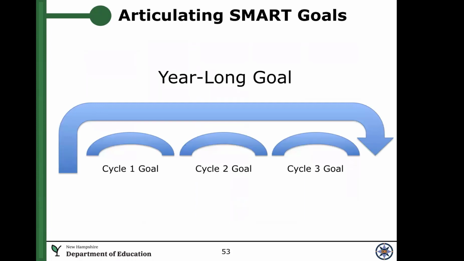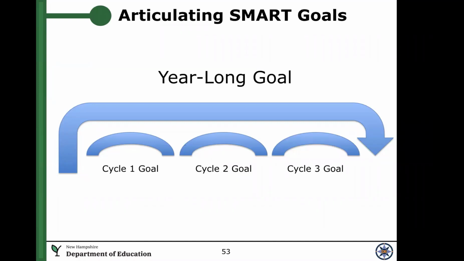When we're talking about articulating SMART goals, there's a lot of different ways that you can do SMART goals. The way that I really like to work with SMART goals in schools is we're looking at that year-long goal, right? So we have a year-long goal where we want students to be at the end of the year. A lot of our schools, it's mandatory, right?